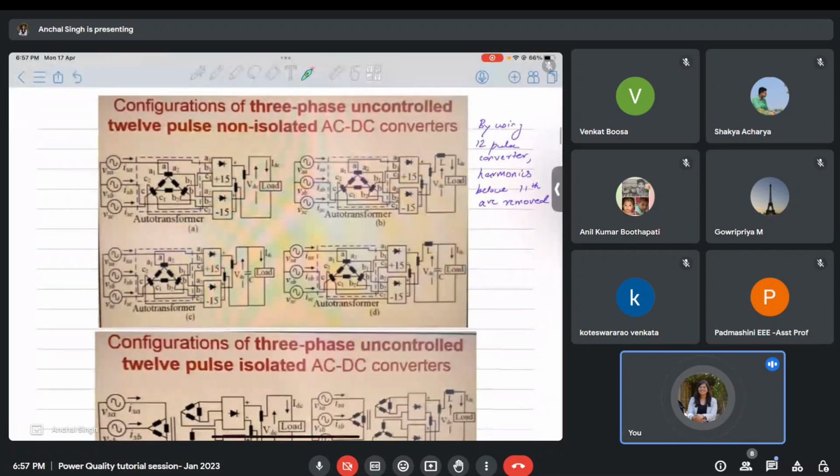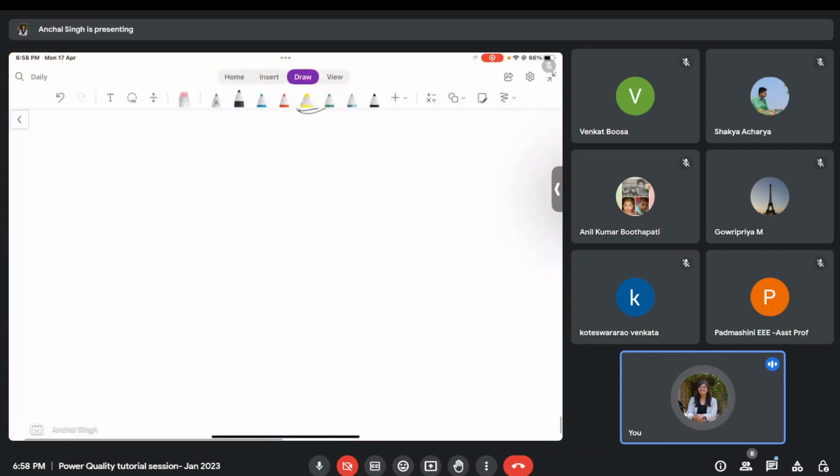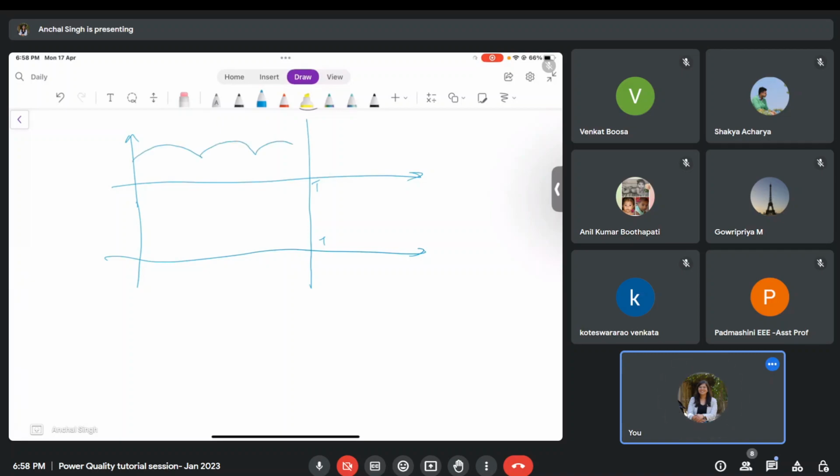Then there is the configuration of three-phase uncontrolled 12 pulse non-isolated AC-DC converters. So now they are trying to increase the number of pulses. What will be the advantage of increasing the number of pulses? By increasing the number of pulses, the ripple reduces. If this is my total time period T, and in one time period I have 3 pulses, then let me say my pure DC is like this.